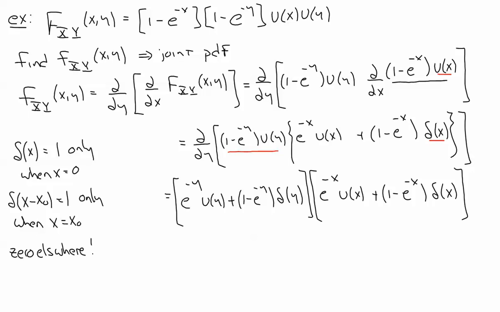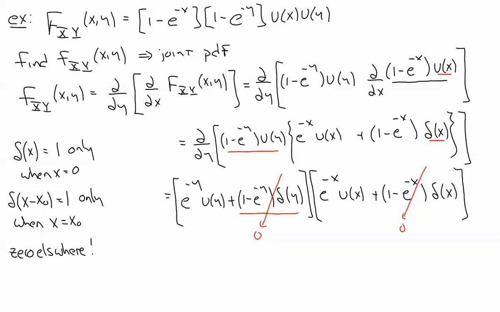Let's look at that thing. This piece that I've just underlined in red only exists where y equals 0. Well, e to the minus 0 is 1, and 1 minus 1 is 0. This piece is exactly 0 everywhere. Likewise, that part is exactly 0 everywhere.